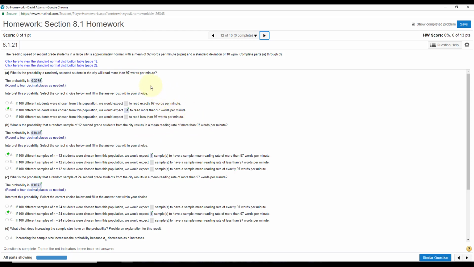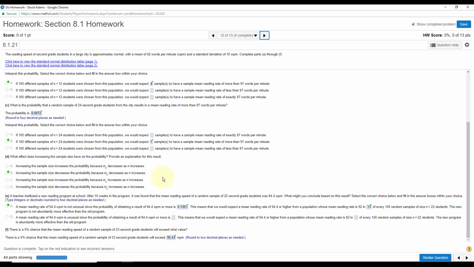Notice it's the same number, conceptually just like the last problem, but now your standard deviation is going to be modified and it's going to be 10 divided by the square root of 12. As you increase sample size, the probability of this occurring diminishes for the same reasons I explained in the last problem. And here, you're going to use the square root of 24 in the denominator when you calculate the standard deviation for the x bars.